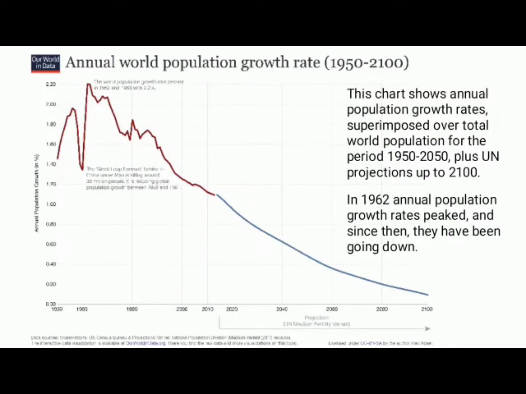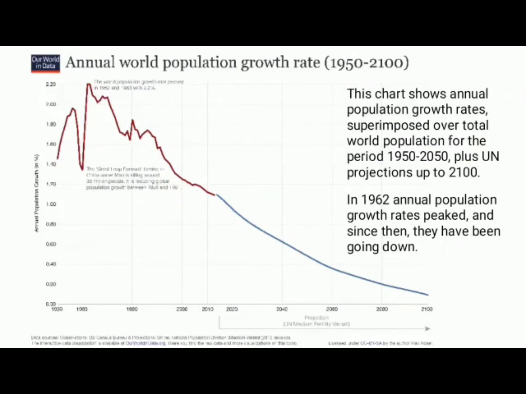There were many concerns about the potential impact of rapid population growth in the 1960s, including mass starvation in countries such as India, depletion of non-renewable resources, and increased poverty in low-income countries.